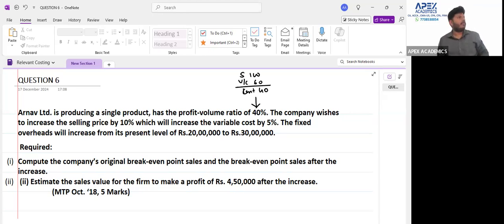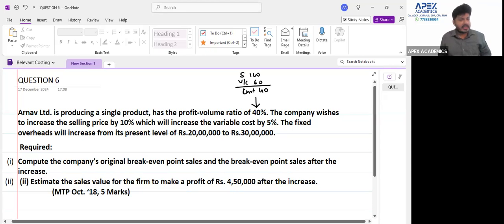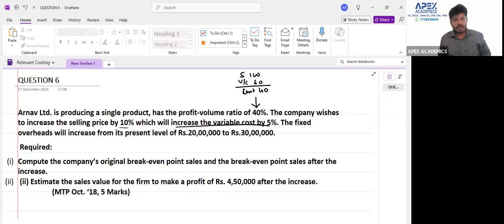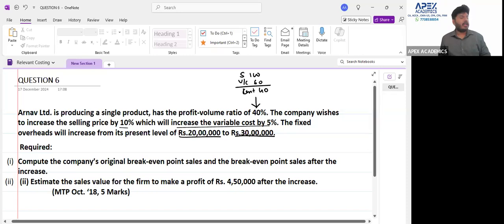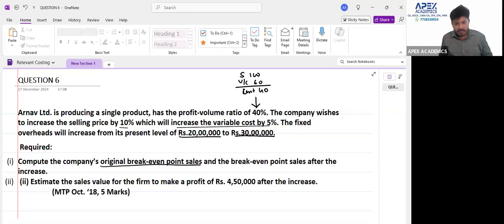Second, the company wishes to increase the selling price by 10%, which will increase the variable cost by 5%. PV ratio बदल गया. The fixed overheads will increase from its present level of 20 lakhs to 30 lakhs. Compute the company's original break-even point sales and break-even point sales after the increase.